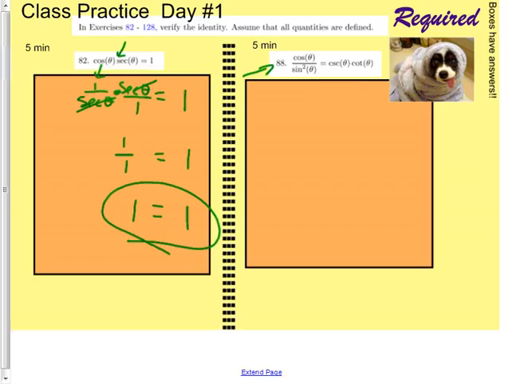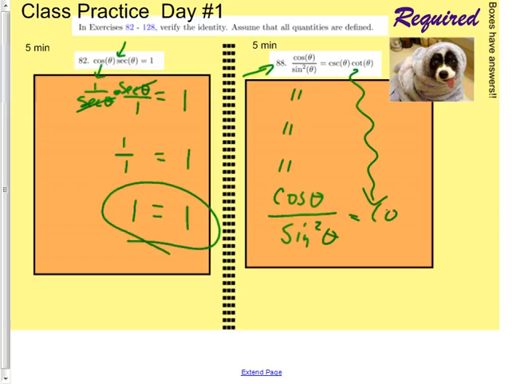Keep tweaking the right side until it finally equals this left side. And it's okay with me if you want to put hash marks like this or ditto marks to mean I'm keeping it the same, I'm keeping it the same. But at the very last statement, you'd have to say cosine theta over sine squared theta equals, and this better have come out to be exactly the same. So I know at the end, it's going to look like this.